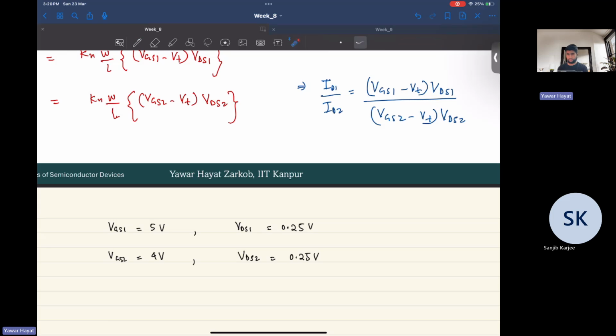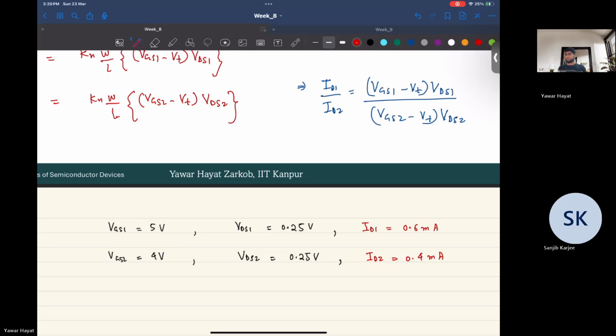So at this particular VDS voltage for two different gate source voltages, I'll give you the value of the current. Okay. For the first case, ID1 would be 0.6 milliamps. For the second case, which is ID2, current is 0.4 milliamps. Okay.